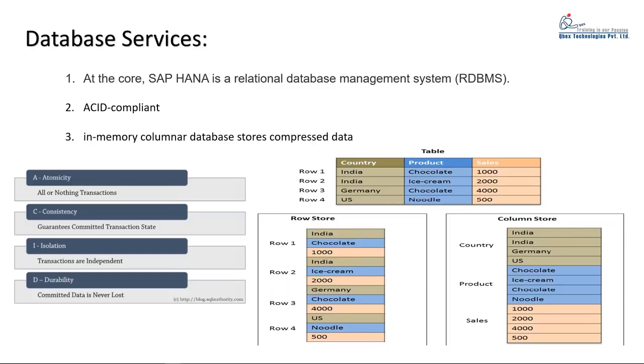And one more thing is when it comes to compression. Say, for example, imagine a table with 100 million rows, and let's say I have a column in the table which says region. And let's say the region could be south, north, east, or west. So I have 100 million records in a table, and out of that, I have a column which has only four values: north, east, west, and south.